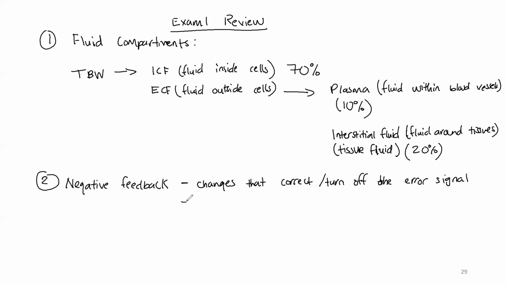The second thing we said about negative feedback is that it helps move our regulated variable towards set point. That could be increase or decrease, but the movement is back towards our set point, okay?